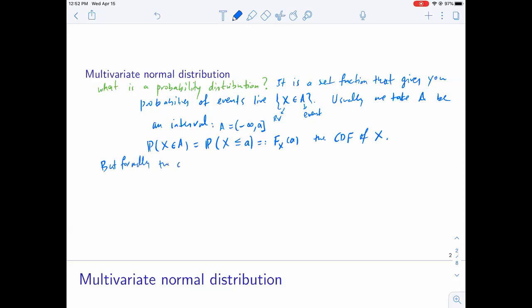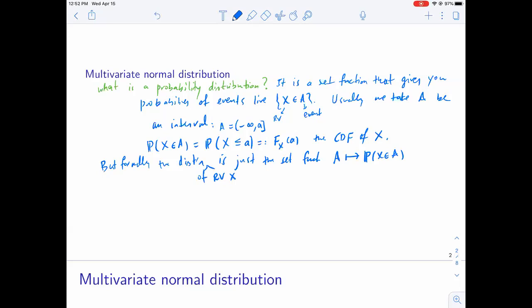But formally, the distribution of a random variable X is just a set function that maps A to P of A, that maps events to these probabilities.